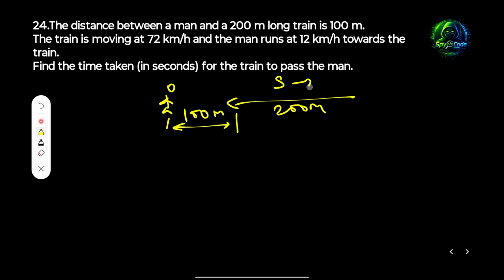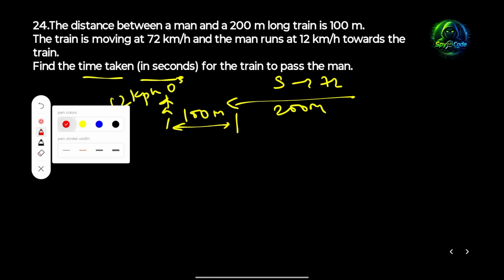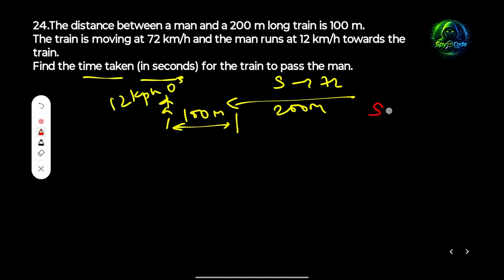Okay, the train is moving at a speed of 72 kilometers per hour, and the man is running towards the train at a speed of 12 kilometers per hour. Okay, you should find the time taken. Okay, so here we all know that speed is equal to distance by time. So here we have the speed and we have the distance. We need to find out the time here.